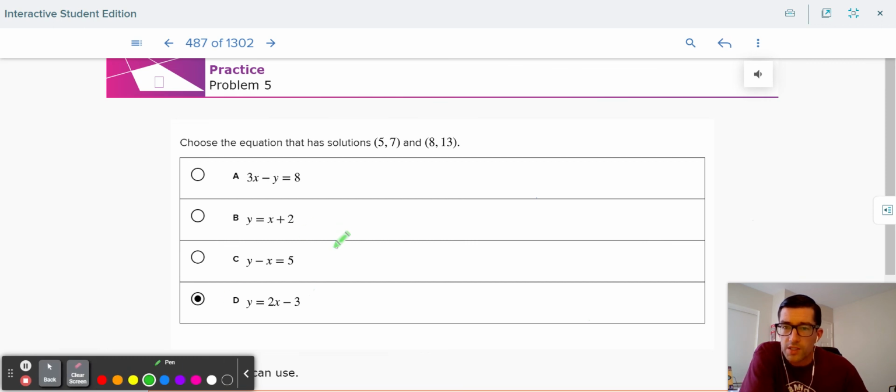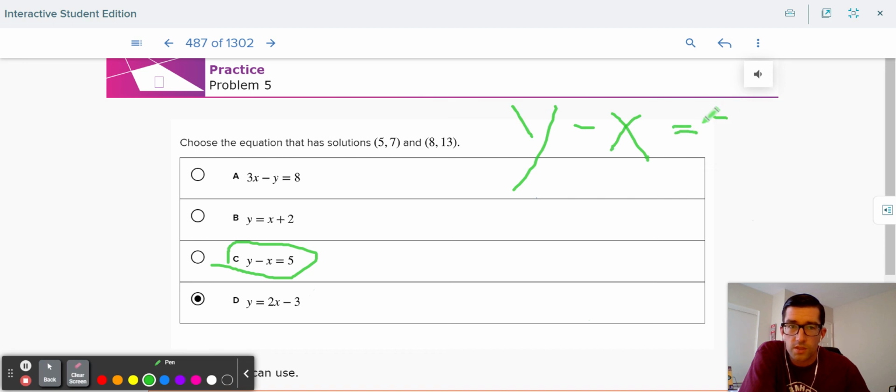So if I want, I can come back here and let's say I try C, all right? Let's test out C, see if these work here, okay? So I'll try the first one, all right? So I have y minus x equals 5, all right? I'm going to replace the y value with 7, like I did before, okay?